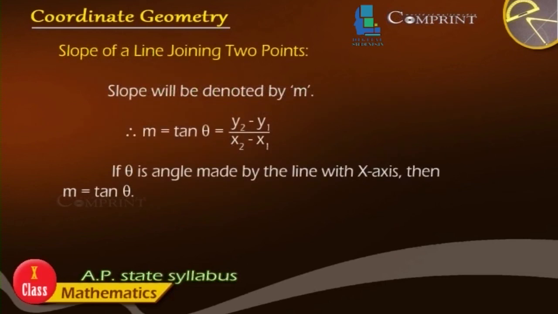Slope of a line joining two points will be denoted by m. Therefore, m = tan theta = (y2 - y1)/(x2 - x1). If theta is the angle made by the line with the x-axis, then m = tan theta.